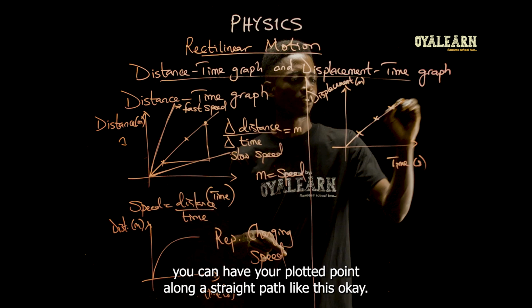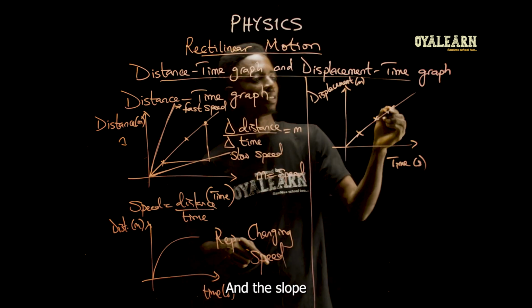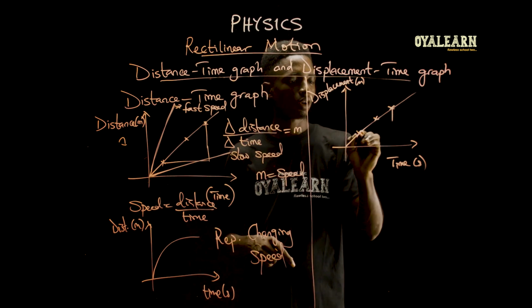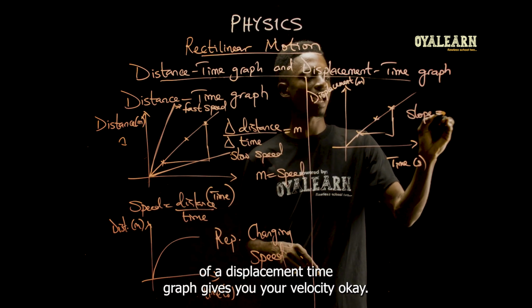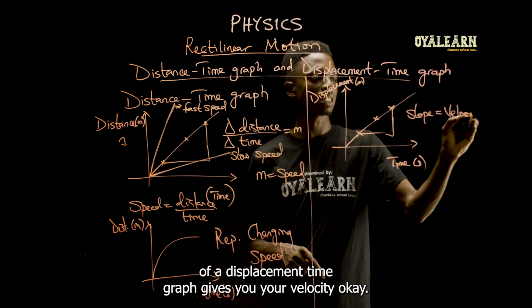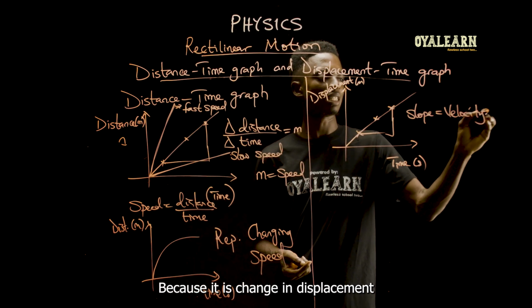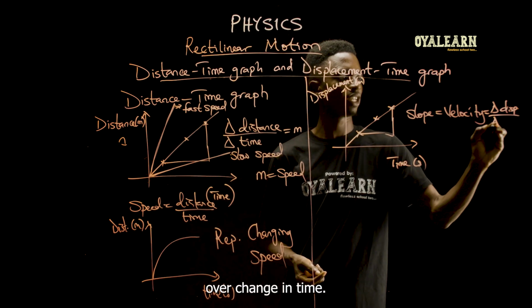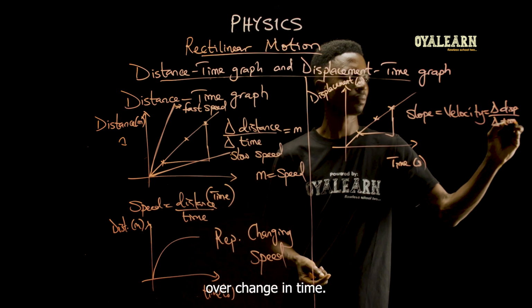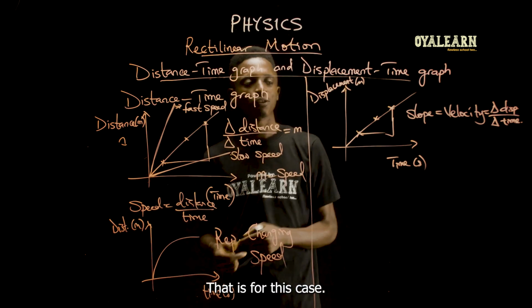Okay? And the slope of a displacement time graph gives you your velocity. Okay? Because it is change in displacement over change in time. That is for this case.